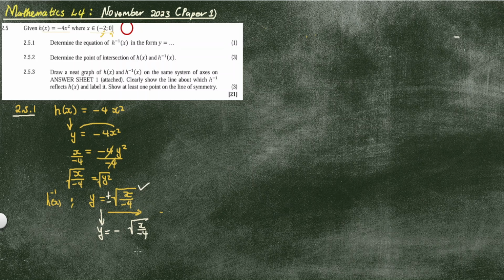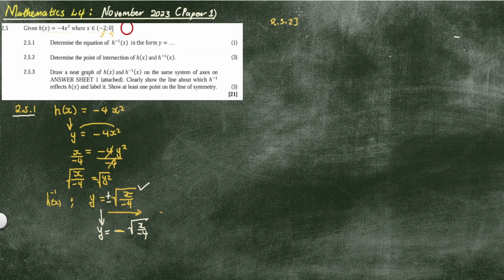Why? Because we are working on the domain of minus 2 to 0. So the y should be negative, it shouldn't be positive, because under this domain, you'll see once we start sketching, it will make sense. But for now, just play along. We're going to need to use the negative one.